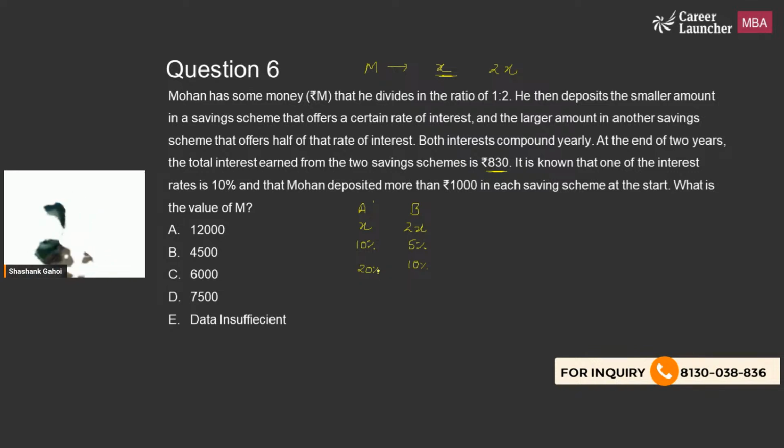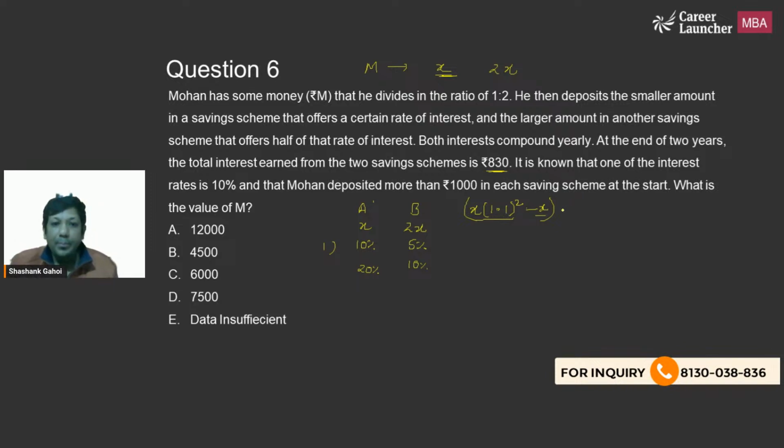So basically, what is happening? I'm going to take both the cases. In the first case, what is the total interest? That is x into 1.1 whole square, because it is compounded annually, minus x, because the total amount minus principal gives you the interest.